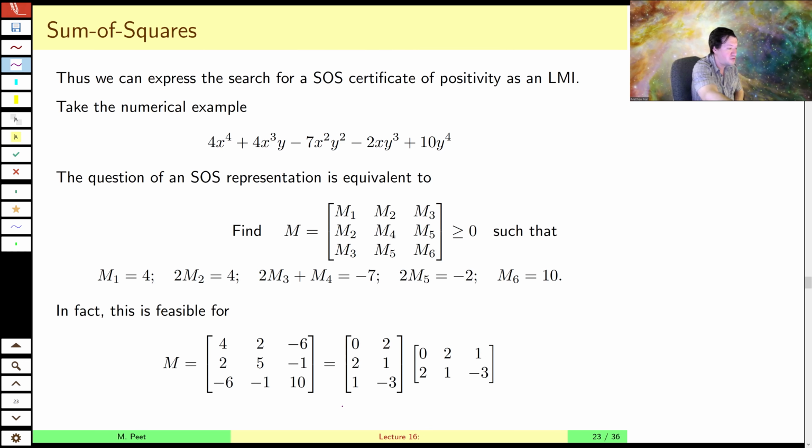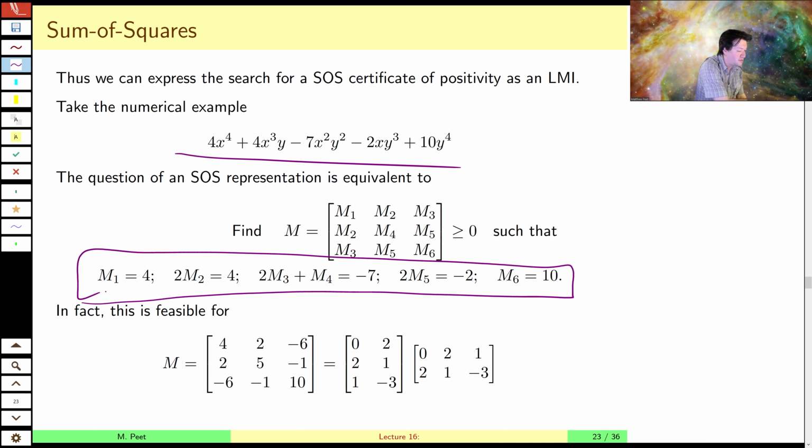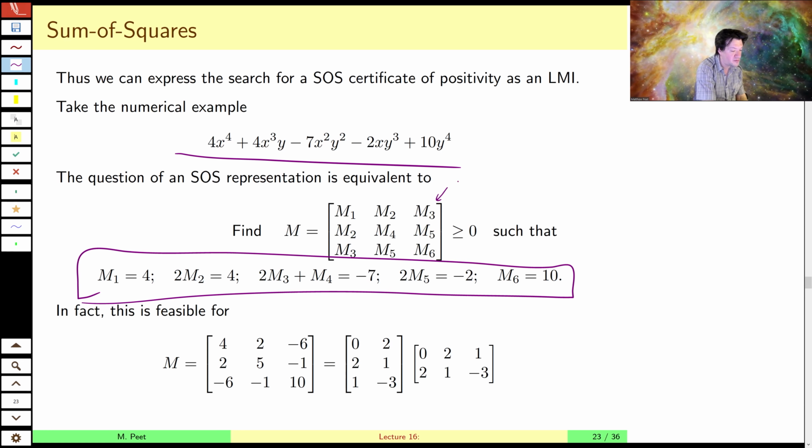Before I do that, however, I'll just give a brief example. So here's that polynomial. We formulate the constraints on this matrix M. Again, linear constraints on these variables, which are now M. M are the decision variables.